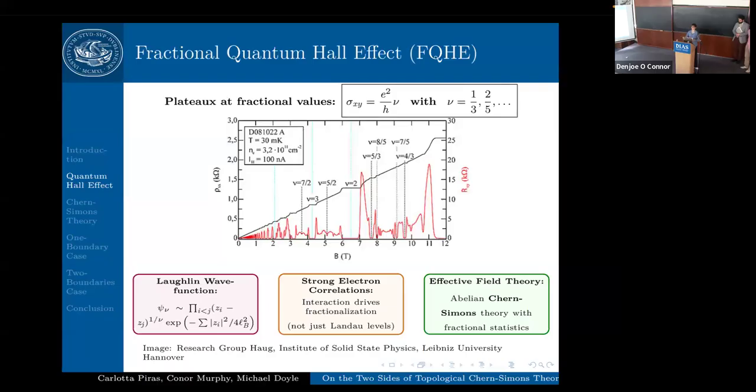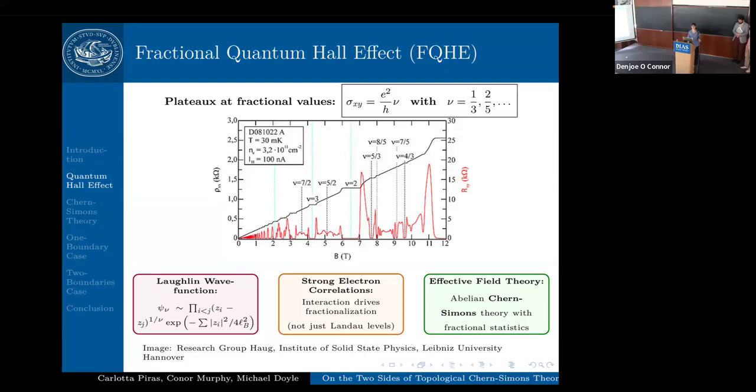So for example, we have nu equal to 1/3 or 2/5 and so on. And we have to keep this in mind because we will see this again, this fractional filling factor, for our discussion about Chern-Simons theory.